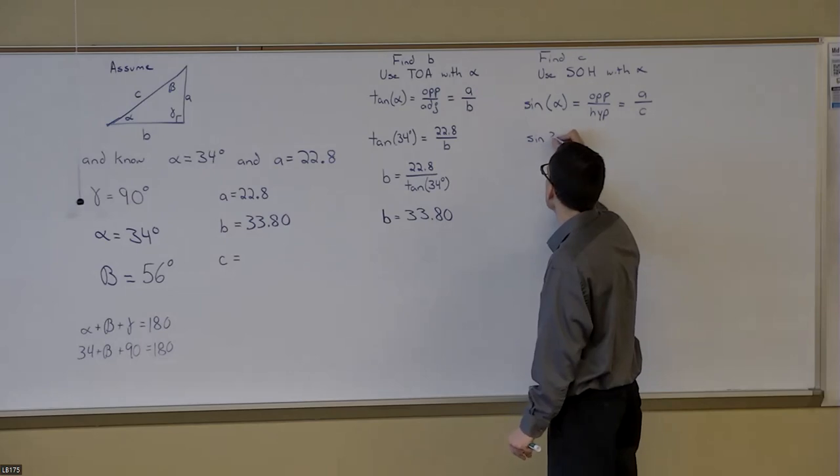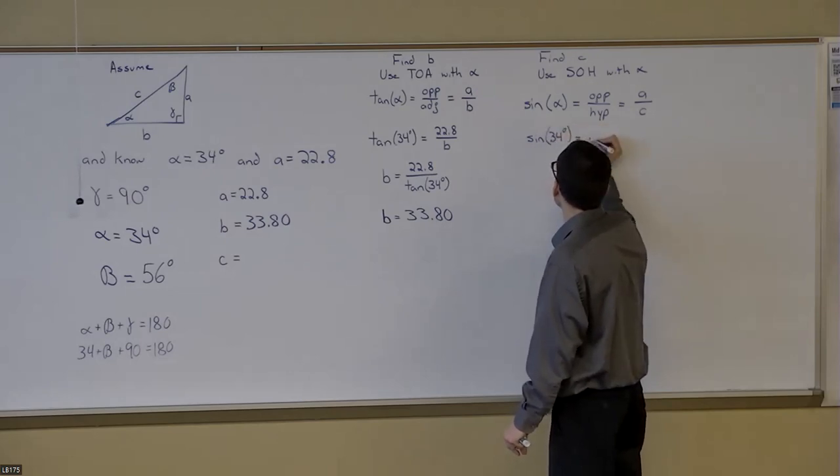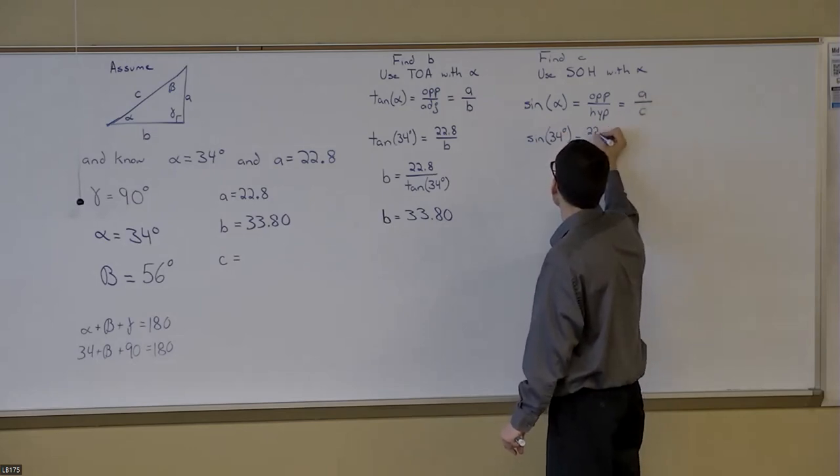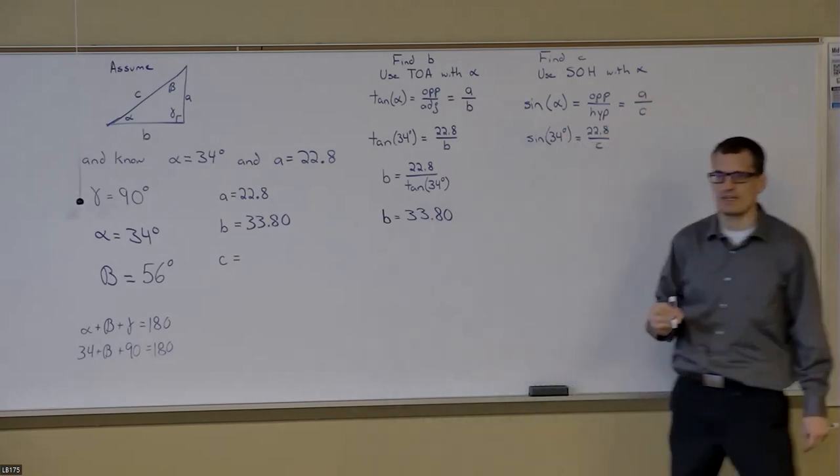So sine of 34 degrees would be A, which is 22.8, divided by C, which I don't know yet. That's the thing I'm trying to find.